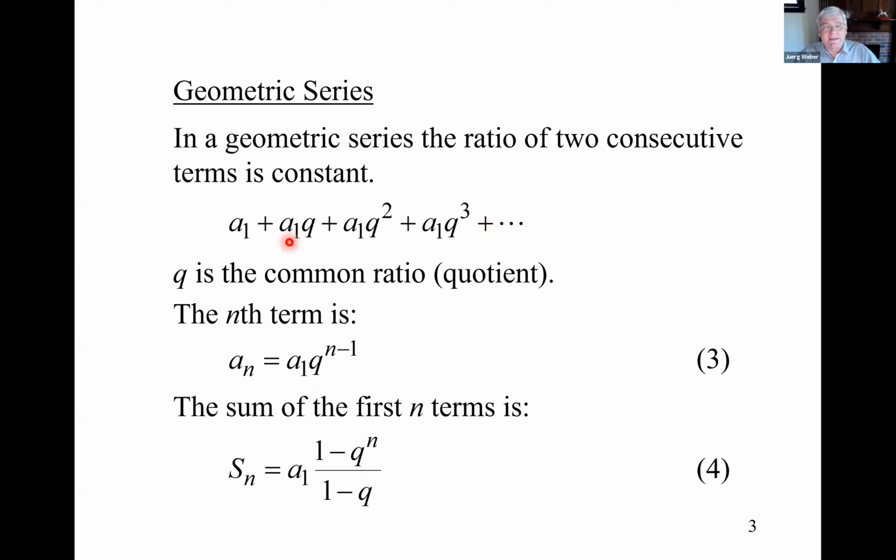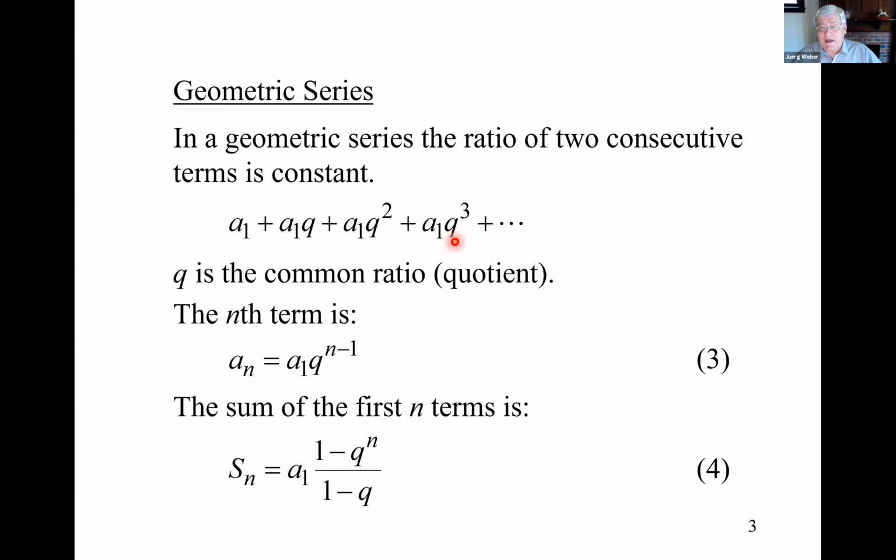But if q is less than 1, then the series will actually converge. If you have A1, and then A1 times 0.9, for example, A1 times 0.9 squared, A1 times 0.9 to the third power, you will add smaller and smaller items.